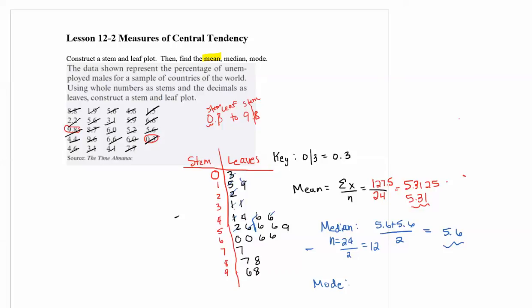We have 3.1 and we have 4.1, so those are different values. Leaves that are repeating right next to each other are what we want to see. I can see that the most leaves repeating are these three 6s in a row, and that corresponds to the number 5.6. So the number that repeats most often, the mode, is 5.6.